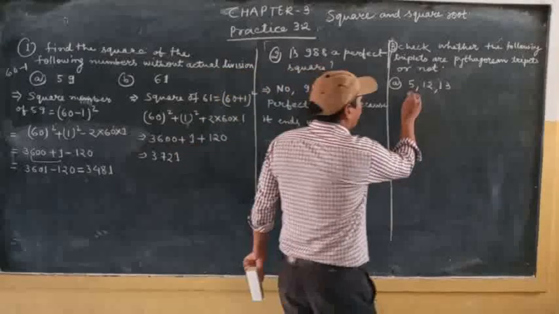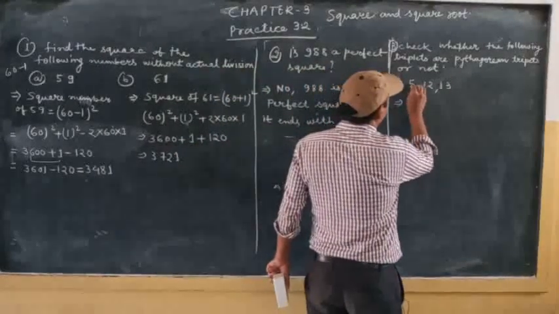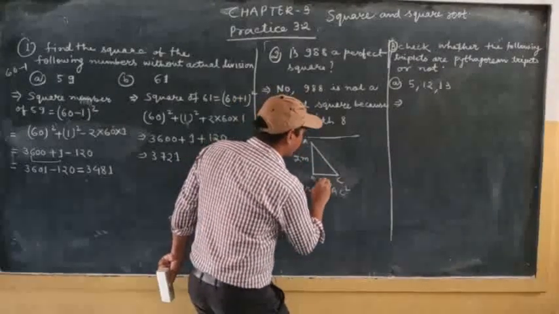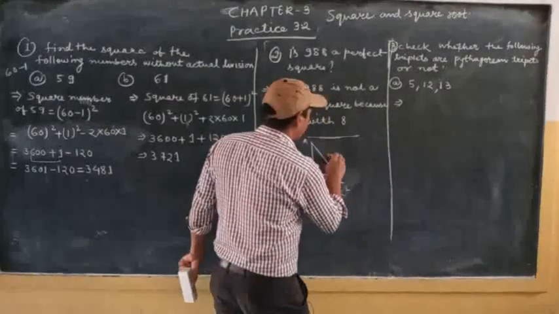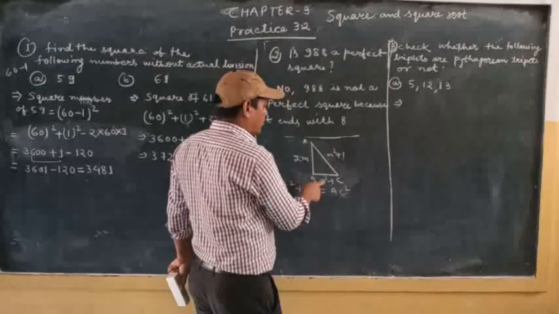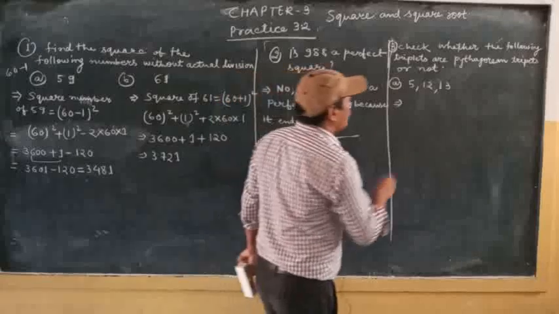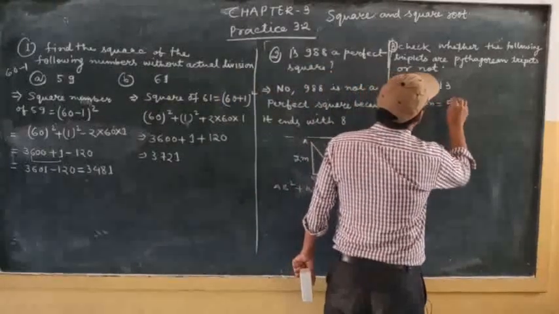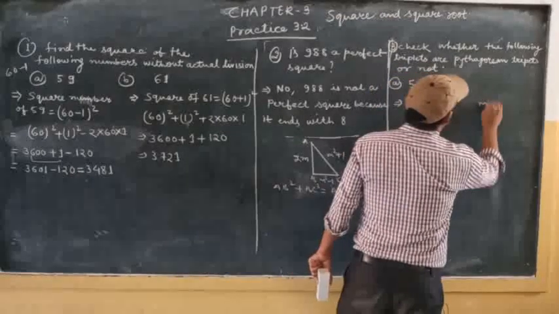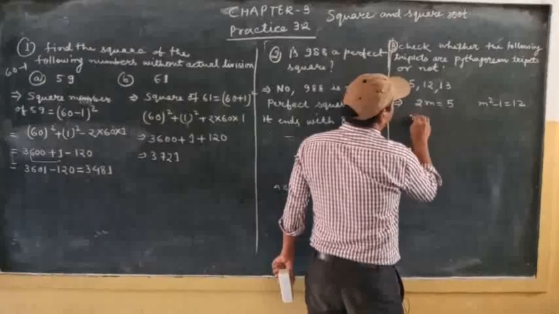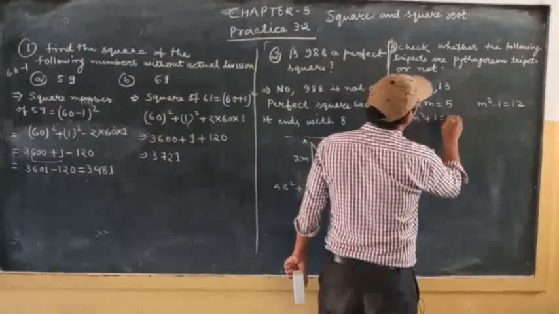Now we write 2m, m square minus 1 and m square plus 1, as base, perpendicular and hypotenuse. So 2m is equal to 5, m square minus 1 is equal to 12, and m square plus 1 is equal to 13.